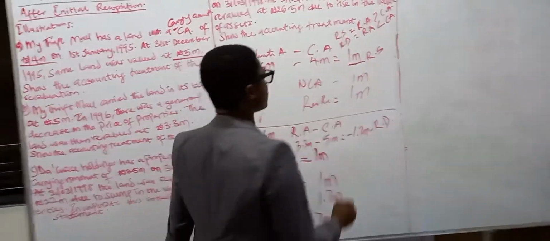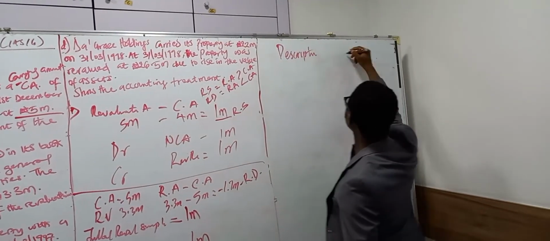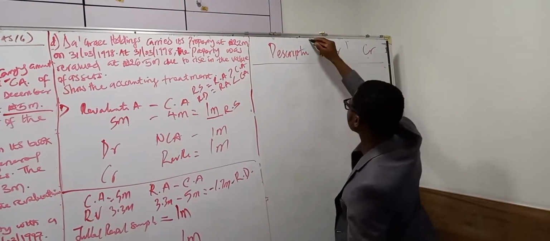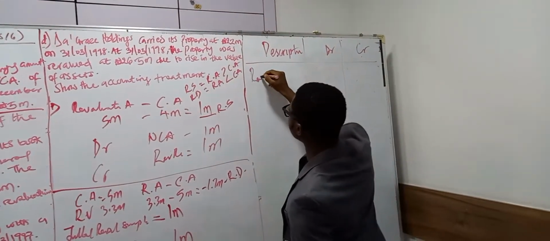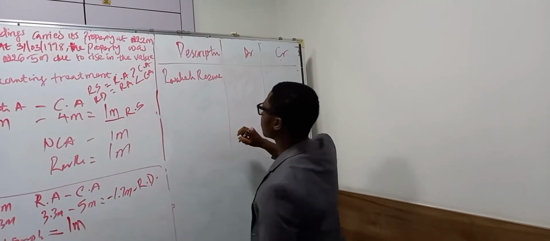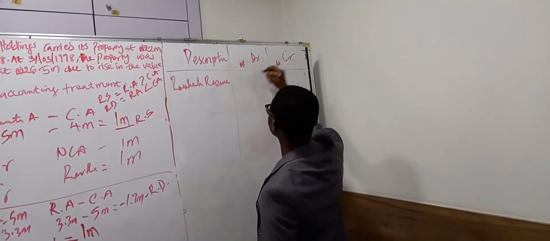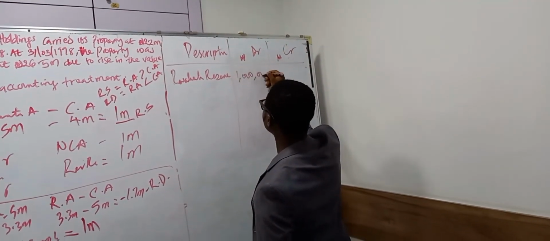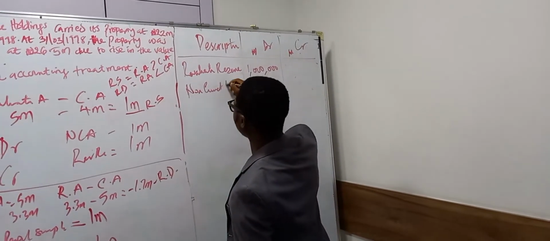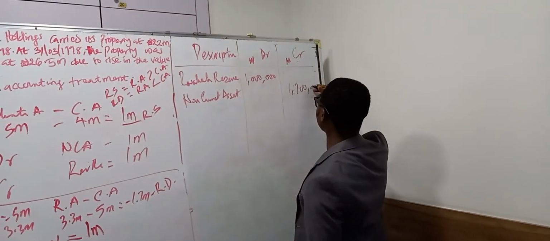The journal entry will be: revaluation reserve will be debited with 1 million naira. The non-current assets will be credited with 1.7 million naira.